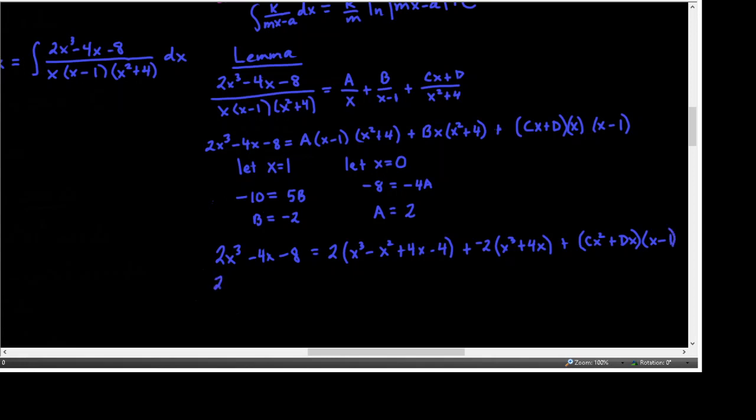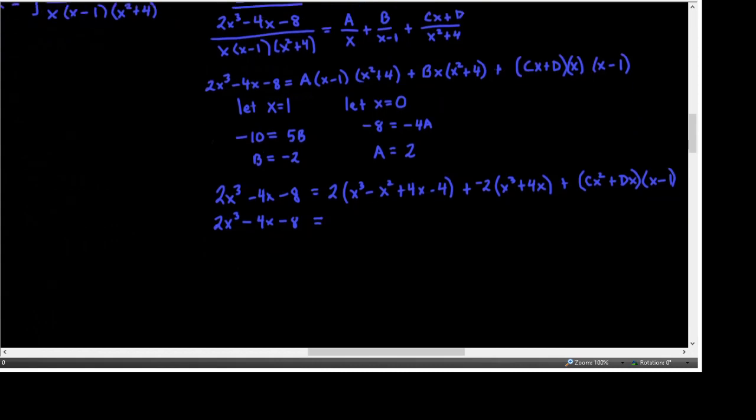So we will have fewer things that we need to find using the system. So that's why finding a few of them up front like this, using a hybrid of the pick a nice number for x so that some things go away so you can solve for a letter, coupled with the idea of the system of equations.